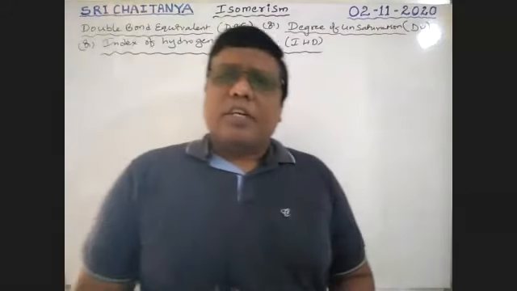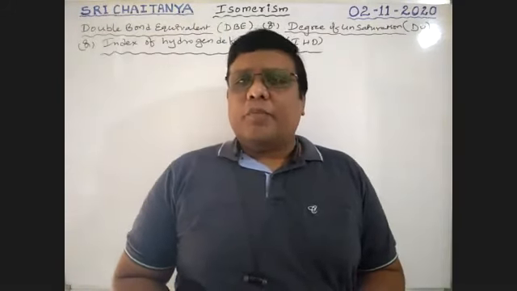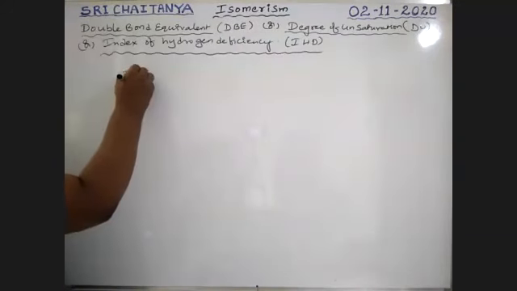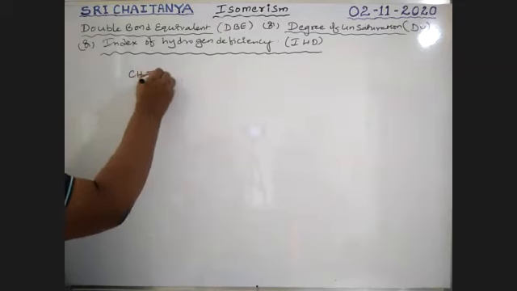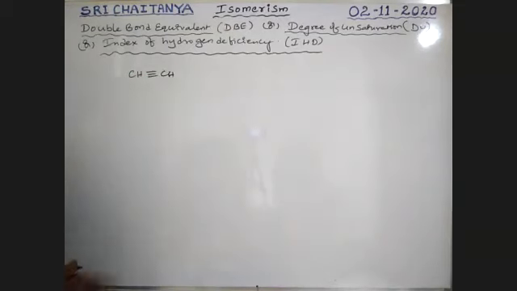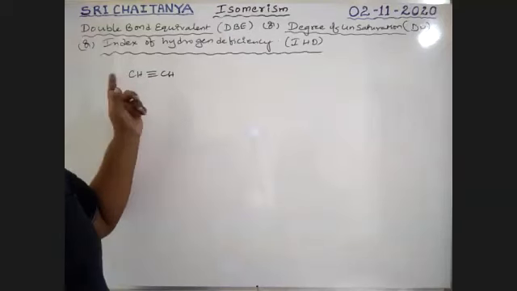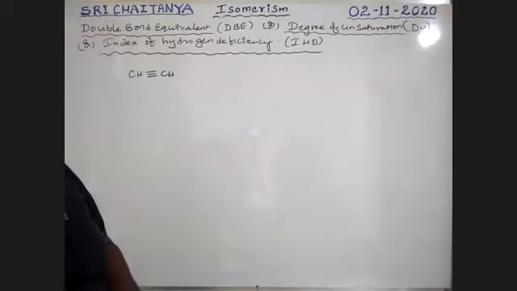So what is this concept, sir? Let us take some examples, boys. See here. CH triple bond CH. Is this a saturated compound or an unsaturated compound? Presence of a double bond or triple bond between carbon and carbon is nothing but an unsaturated compound.